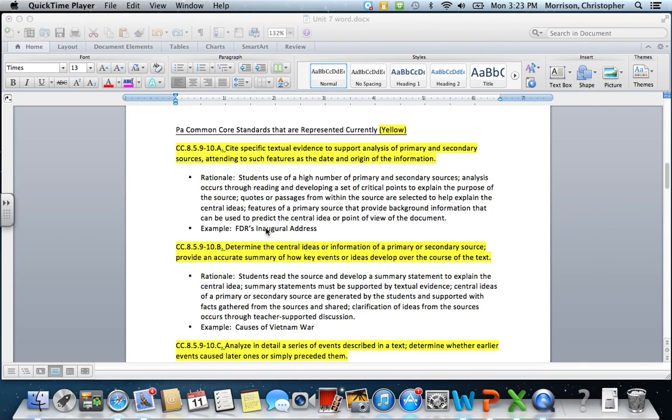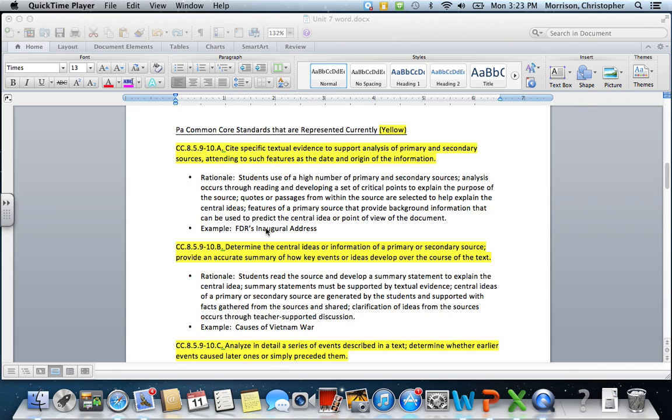In my course, I use a lot of primary and secondary sources. Students are required to read, and I believe it helps them gain an understanding of what the main idea or central point of the reading is.